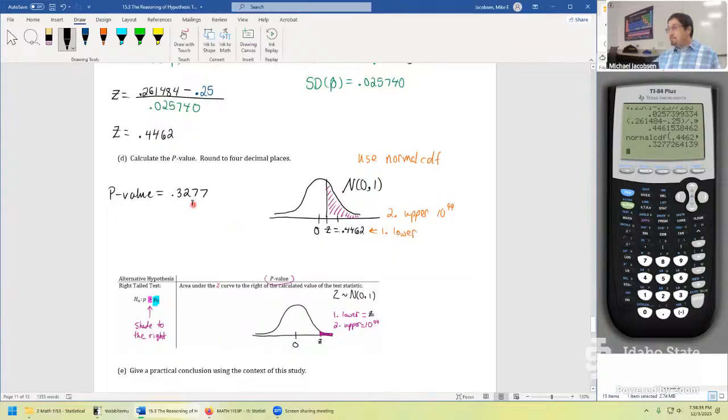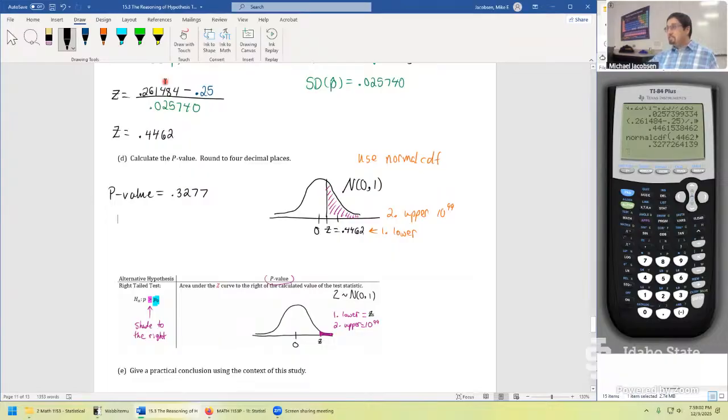That's a large p-value. It tells us the probability of getting data as extreme as this, or more extreme, under the assumption that the actual true percent is 25% for the population, is about 33%. That can happen almost 1 out of 3 times you run the study. That's typical, that's routine.